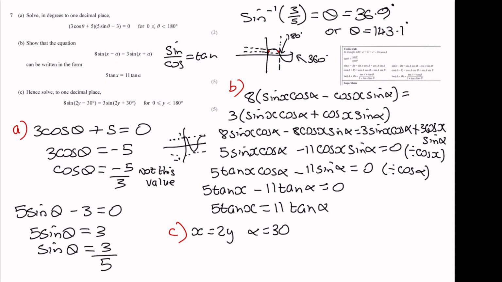So we've got 5 tan of x, which is now 2y, equals 11 tan 30. And we just need to solve this for y. So we get tan of 2y equals 11 tan of 30 over 5.